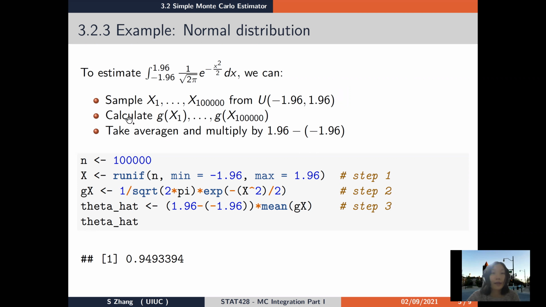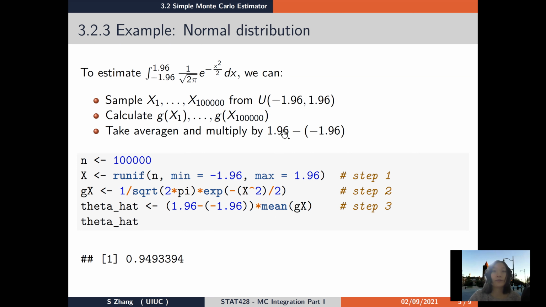Then we can calculate the arithmetic mean of the g of xi's across all of the xi's between 1 and 100,000. After taking the average, we will need to rescale or multiply it by 1.96 minus negative 1.96. In this case, this is equal to 2 times 1.96, which is 3.92.